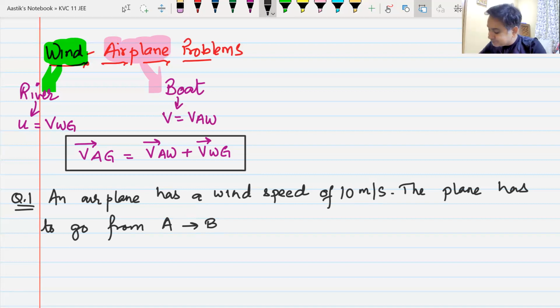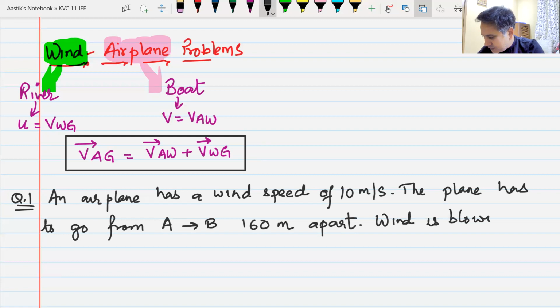From A to B, 160 meters apart. Wind is blowing. Obviously, wind has to blow. Wind is blowing perpendicular to AB. Oops. Wind is perpendicular to AB at a speed of 6 meters per second.